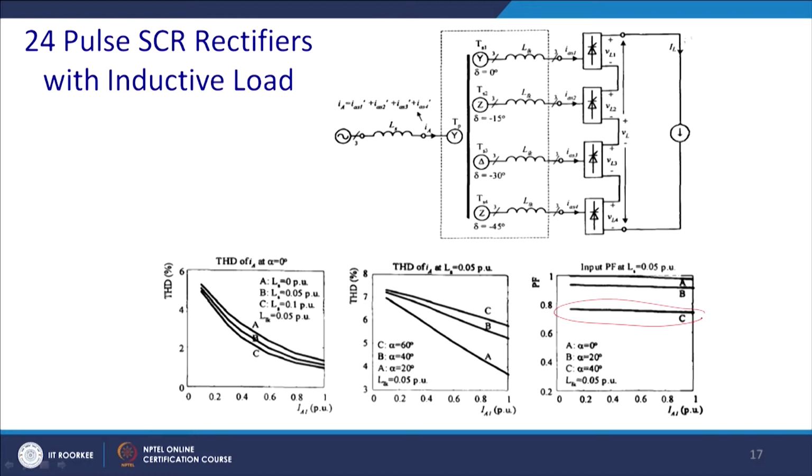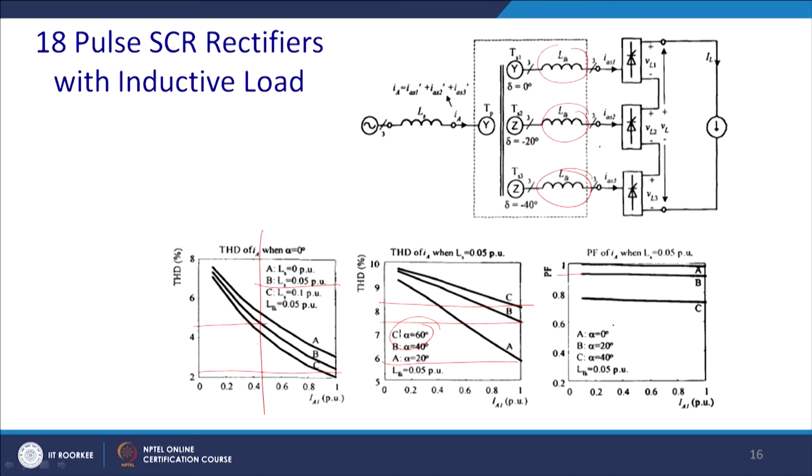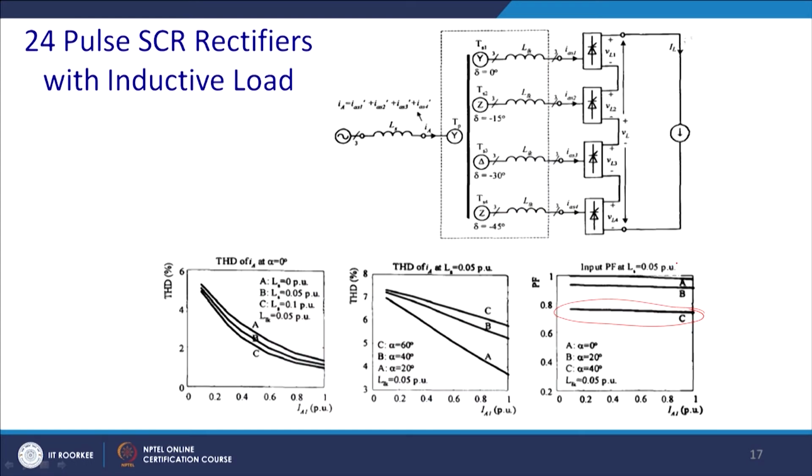In case of C, this curve is almost the same, so no such benefit is obtained by connecting the extra converter. For B it is close to the same. So in terms of power quality, there is not much difference between the 18 pulse and the 24 pulse converter.